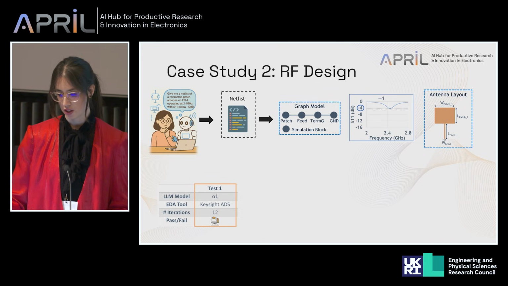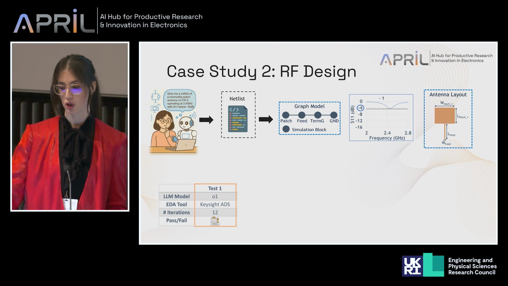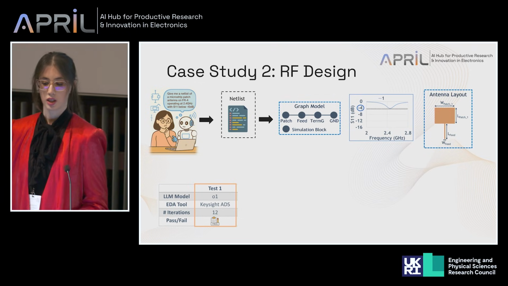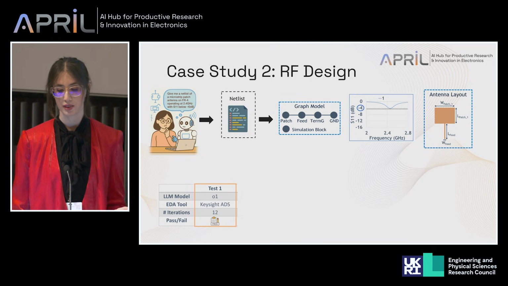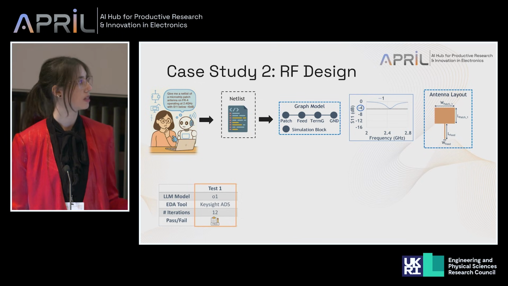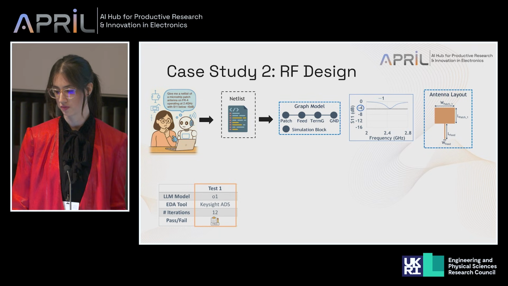In the first iteration, S11 is not really great, as you can see, and we also have this antenna layout. Just to mention that for this case study, I used the software ADS from Keysight, and the LLM model is O1.